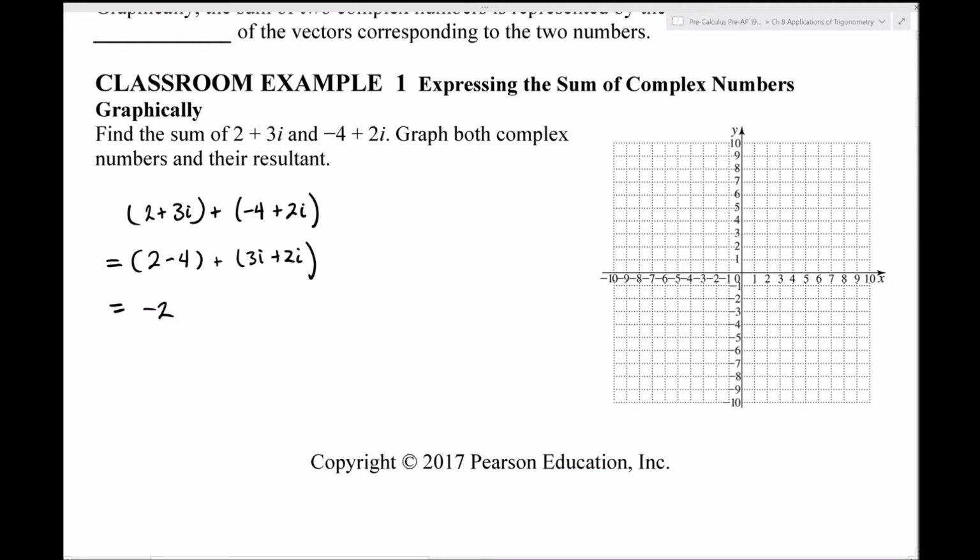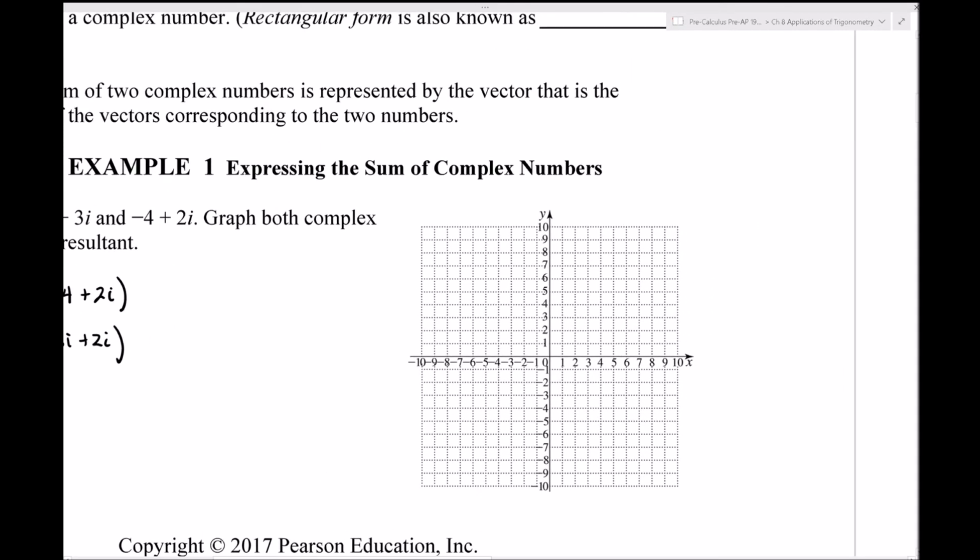That's going to be negative 2 plus 5i. So that's the algebraic way to do this without graphing. So we already knew that. Most of you should have been able to figure that out on your own. Just combine like terms. When you're adding and subtracting complex numbers, you're combining like terms. So why the graph? The graph is there because we're treating this as a vector space.